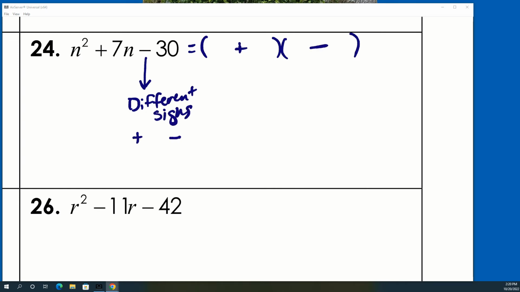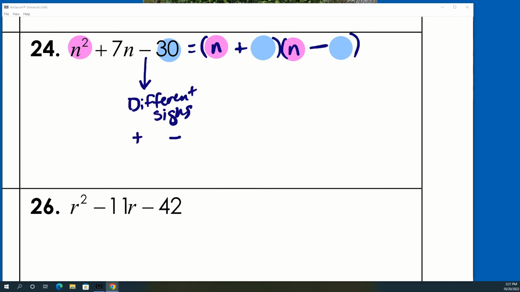I'm just going to go ahead and throw that up there. All right. And then what we put here and here needs to multiply to give us n squared. What do y'all think? N and n, yeah. And then what we put here and here needs to multiply to give us that 30, and then add or subtract, because the signs are different, to give you 7. So this is where you use that yellow sheet if you have it.